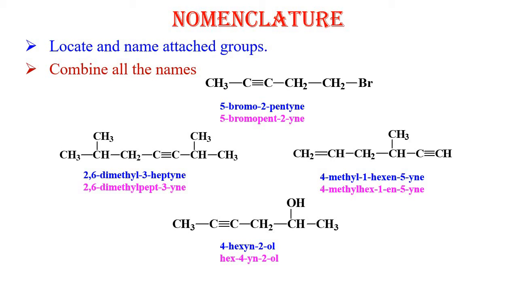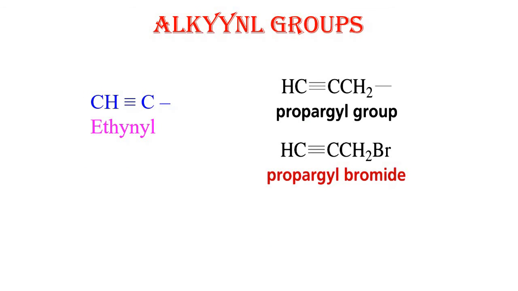If main functional groups are present, then the functional group gets priority over the multiple bond. These are the alkynyl groups. If this group is present as a substituent, it is known as ethynyl. If this group is present as a substituent, it is known as propynyl.